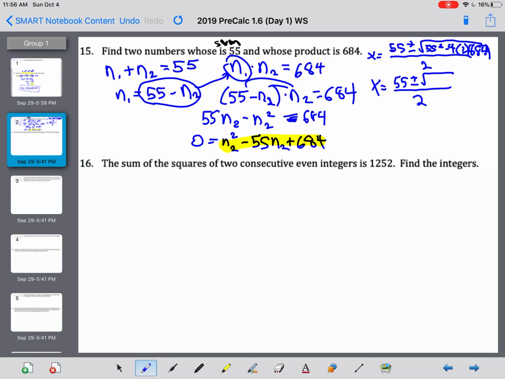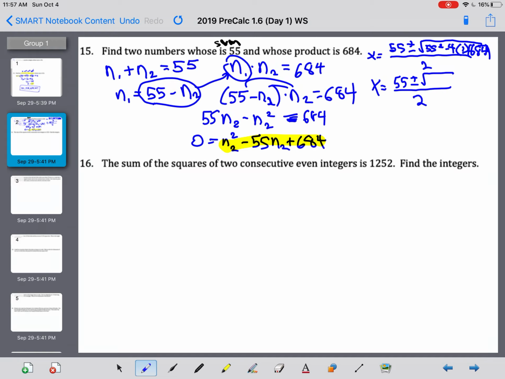Just give me a second here. So 55 squared plus 4 times 1 times 684, hit equals.